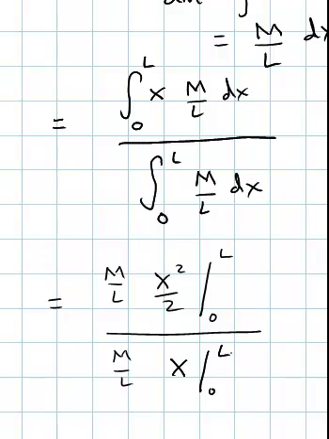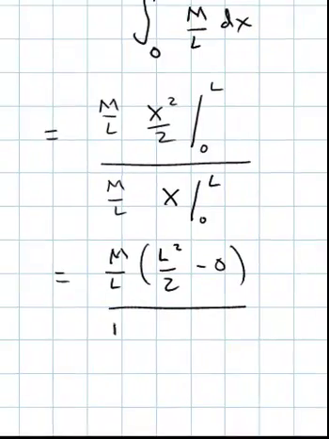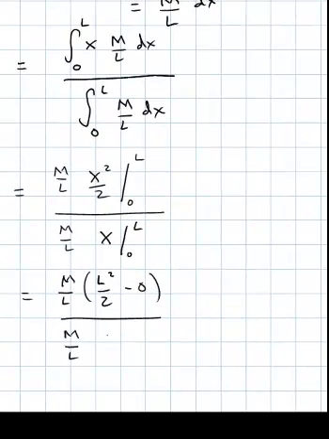And we're evaluating that from 0 to L. And so I have m over L times L squared over 2 minus 0. And I have m over L times L minus 0.